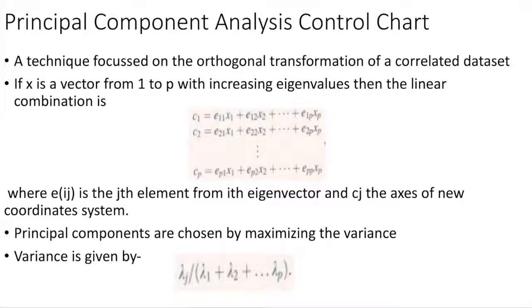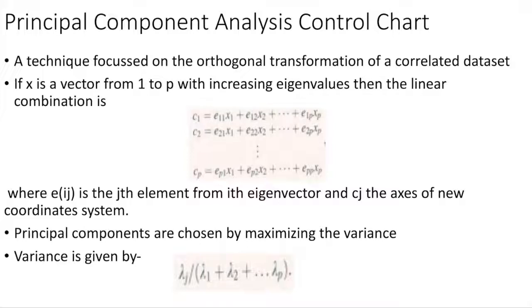These new axes represent the directions of maximum variability. The principal components are chosen by maximizing the variance as much as possible, the variance of a principal component is given by its eigenvalue, and the proportion of variance explained is given by lambda j divided by the sum of all the lambdas from 1 to p.